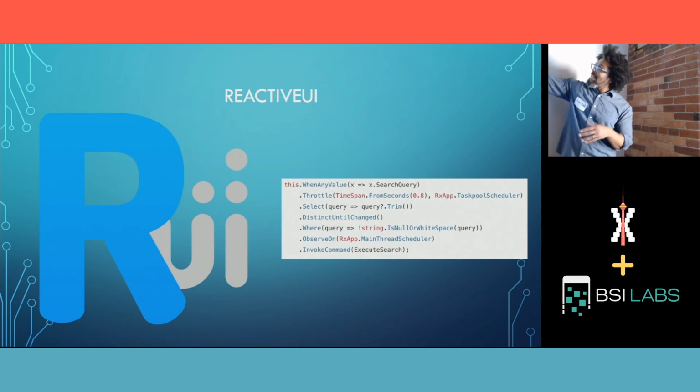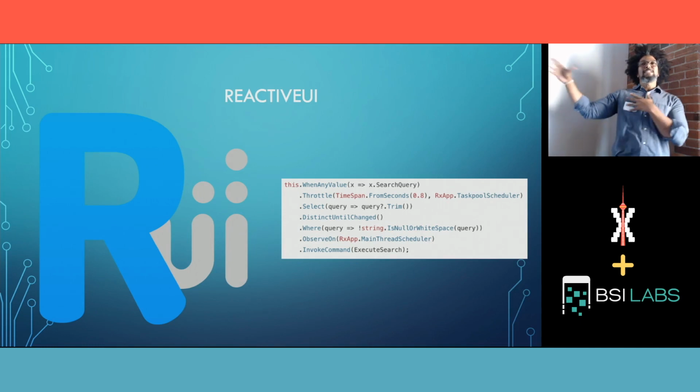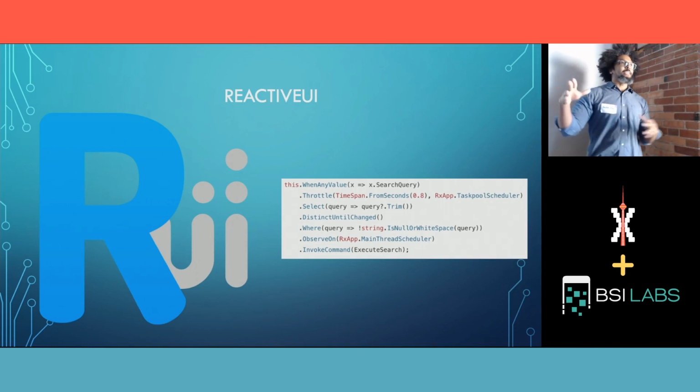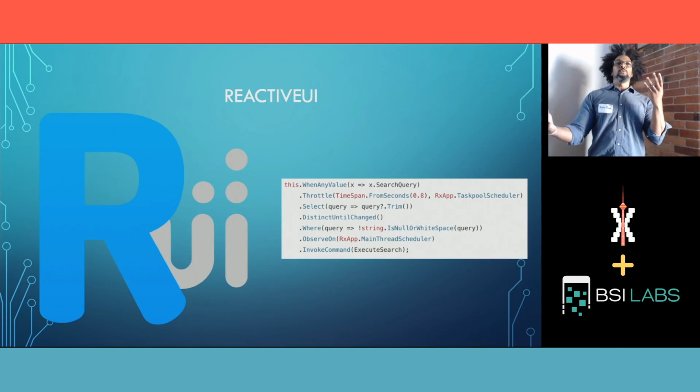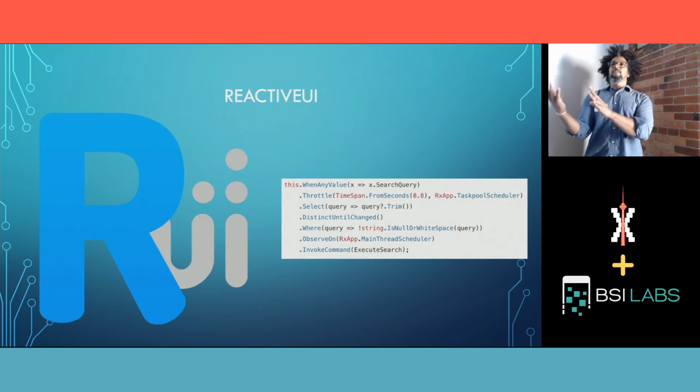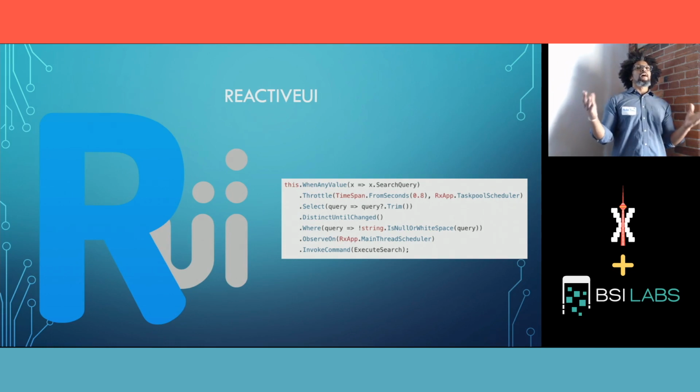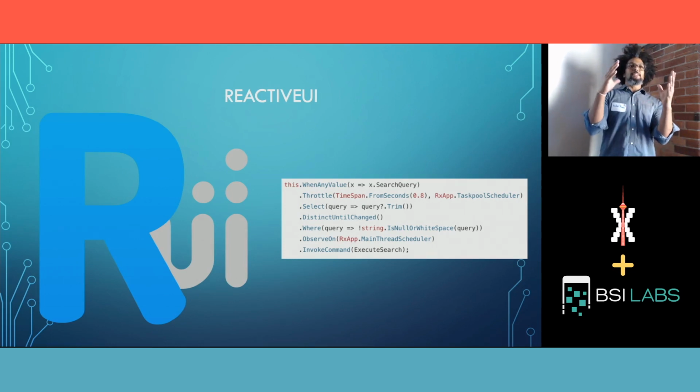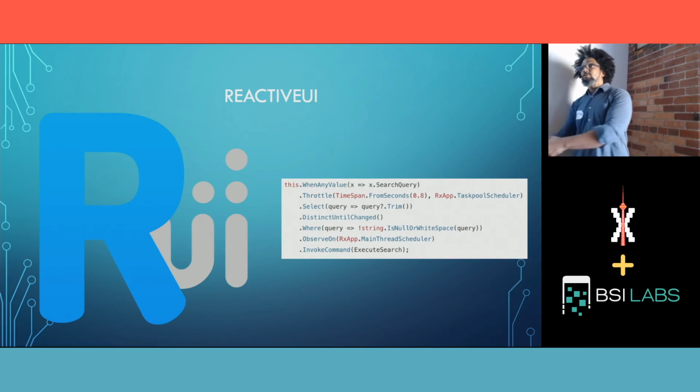This is telling it to observe on the main thread. This is something good about Reactive UI, that it helps you move from one thread to the other without having to think about it. In Xamarin.Forms, how do we change from whatever other thread to the main thread?